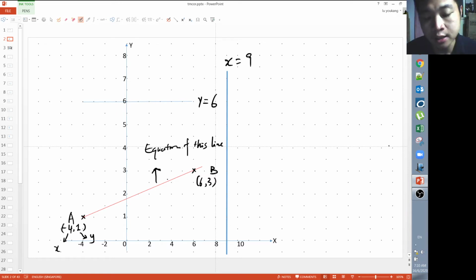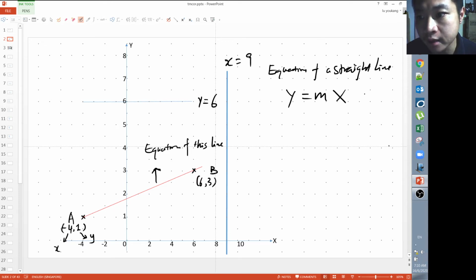All right, so first thing first, the equation of a straight line has this general form, y is equal to mx plus c, and your job is to figure out m and c.